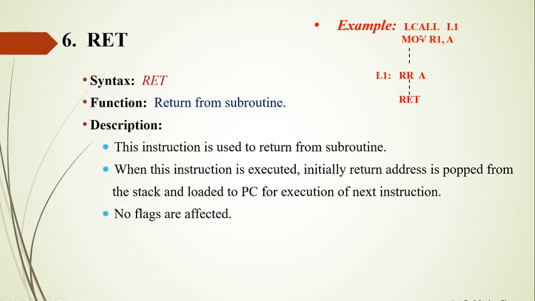So the program counter has to store the address of the next instruction to the stack first, and then the program counter will be loaded with the address of this label L1.